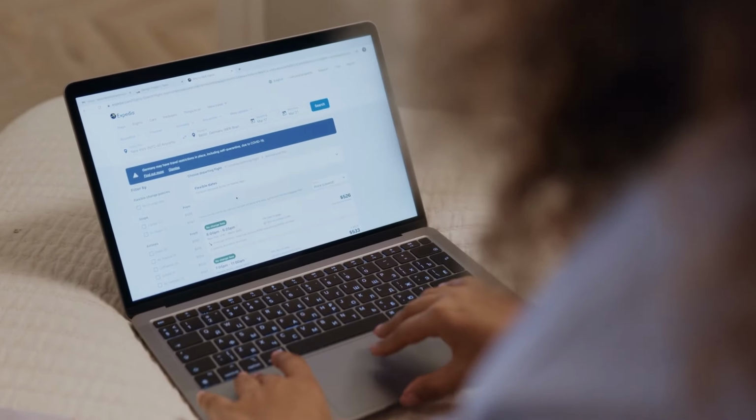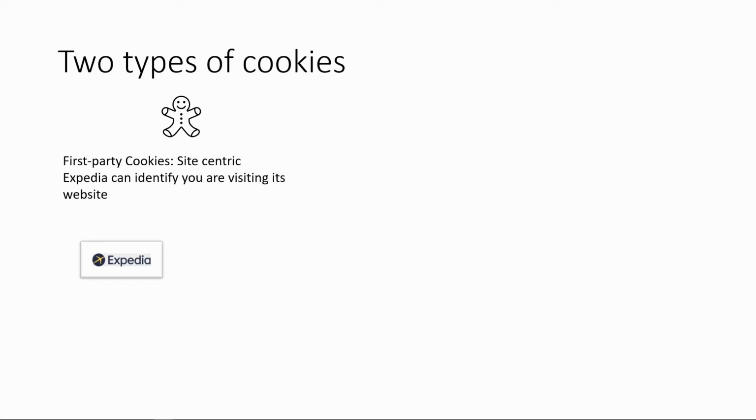So this is the way it works. When you visit Expedia, Expedia drops a cookie and the website can access that cookie whenever you visit. So if you come back to Expedia the next time, and the cookie is still on your computer, Expedia would again be able to access that cookie to identify you as a repeated visitor.